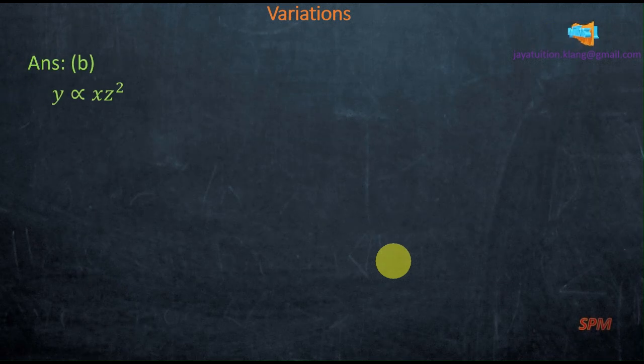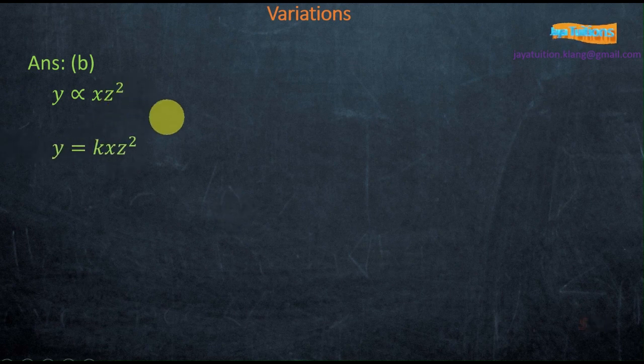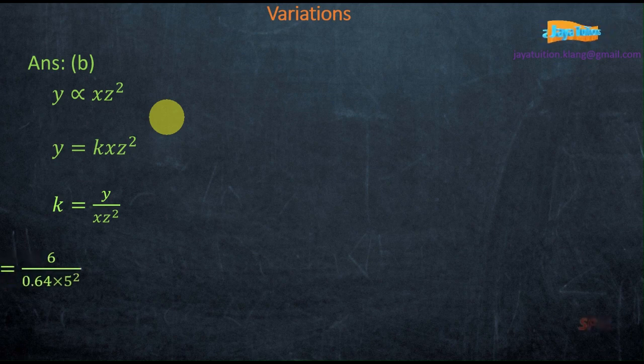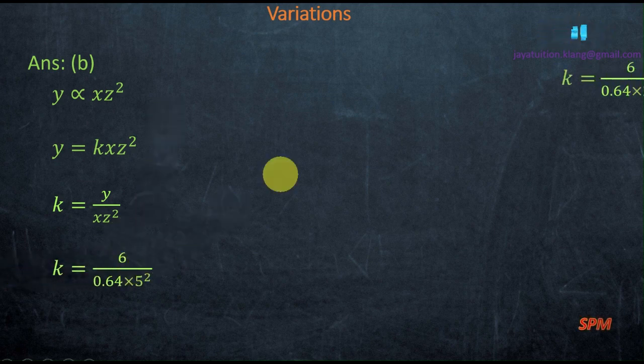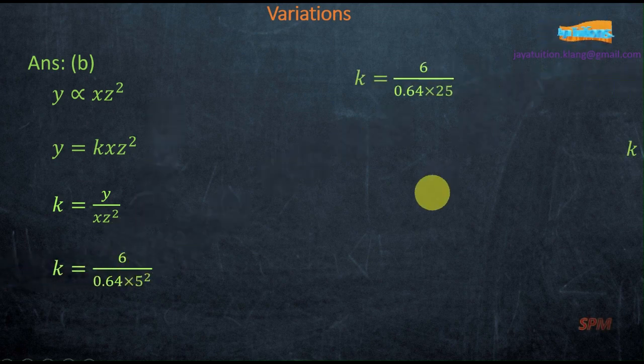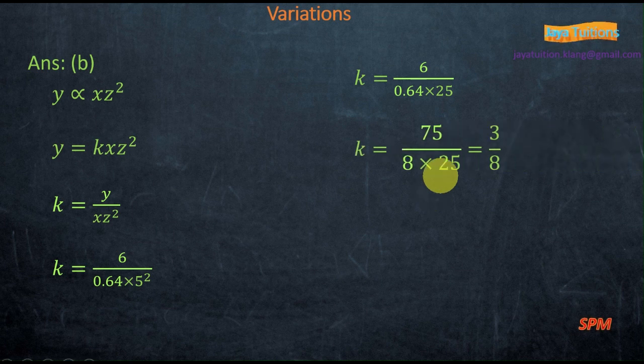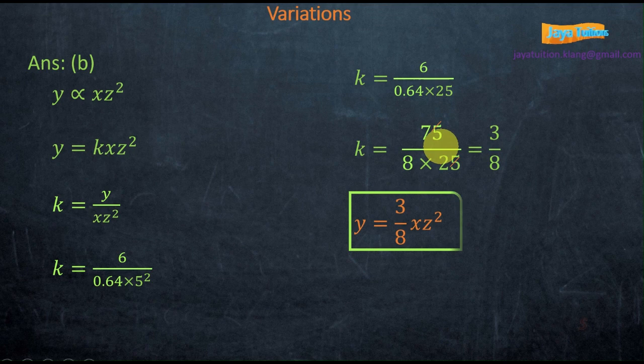And y is proportional to x z square, and you get the value of k that comes out to be 3 by 8. I have shown the detailed calculation over here, which we can use.